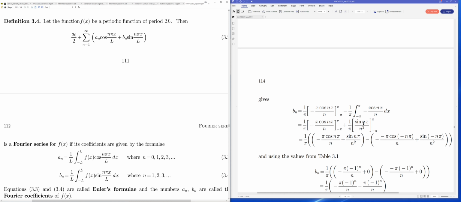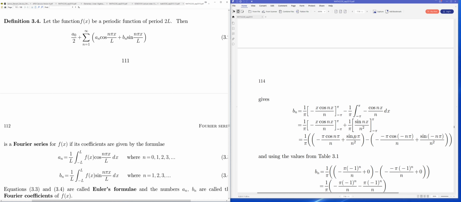When you put in the pi, you're going to get x cos n pi, minus pi cos n pi on n. And when I put in the minus pi, I'm going to get minus cos minus n pi with a minus over here, minus pi, and with a next minus here. And when I put in the pi for the sine nx, I'm going to get sine n pi on n squared, and when I put in the minus pi, I'm going to get sine minus n pi on n squared.